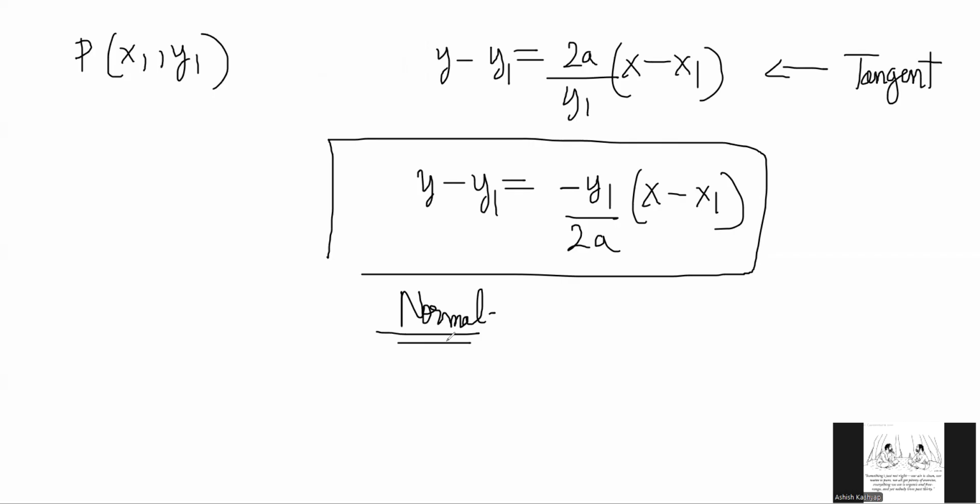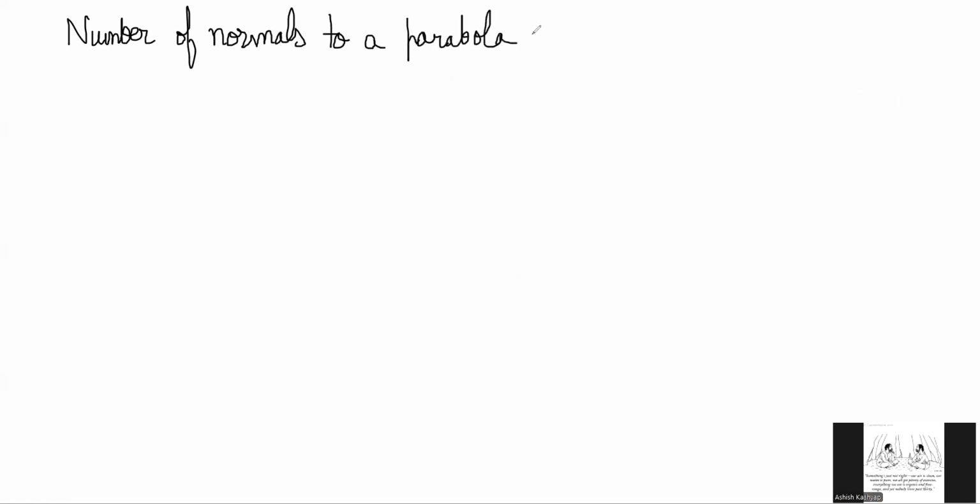Now we will discuss a particular theory that is sometimes asked in problems. So I will just discuss this theory right away. So we have to find the number of normals to a parabola that can be drawn through a single point, that can be drawn through a given point.